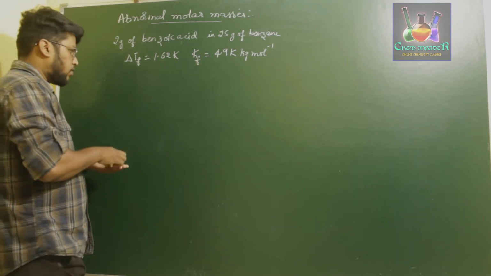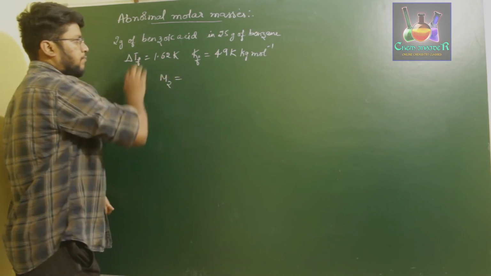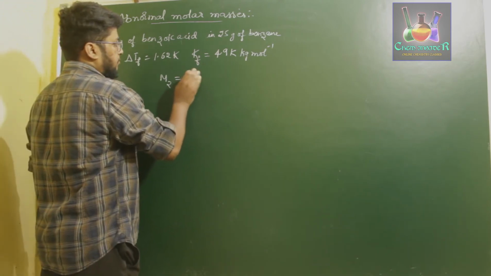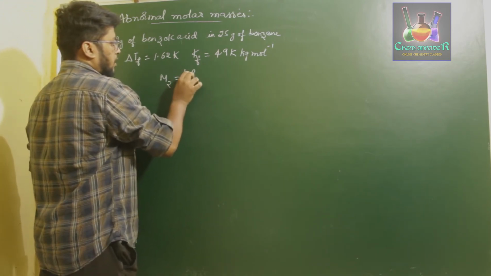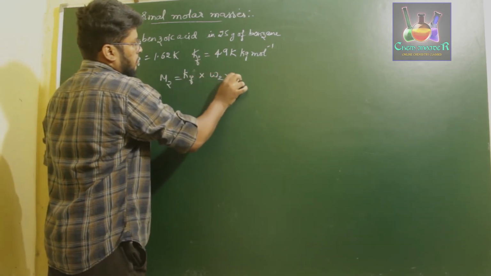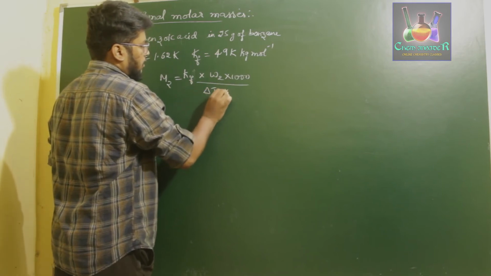Now if you calculate the molar mass of the solute, benzoic acid, the formula is Kf into W2 into 1000 divided by ΔTf into W1, right?